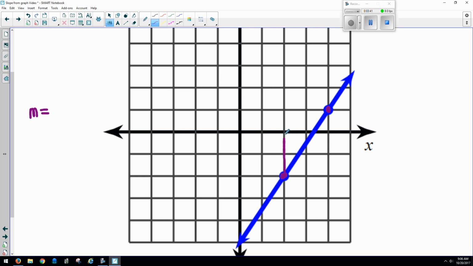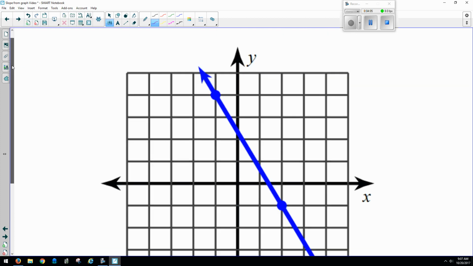So that's 1, 2, 3. So in the numerator is going to be 3. And then I'm going to count how many I would run over. 1, 2. So the slope of this line is 3 over 2. And it's positive because the line is going up from left to right.